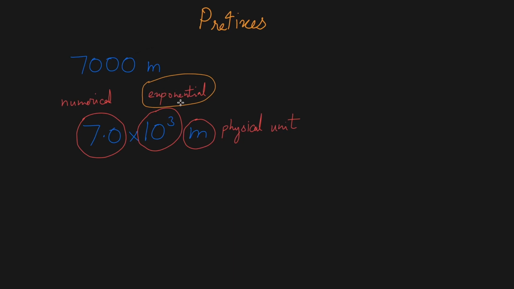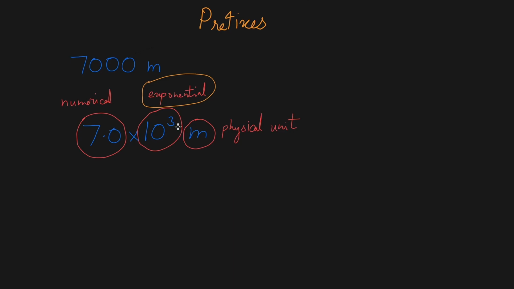Here I want you to tell me, what does the tens power actually tell us? Well, as you can see, the tens power tells us how large or small a quantity actually is. This is basically what the tens exponent tells us, how small or big a value or a quantity really is.